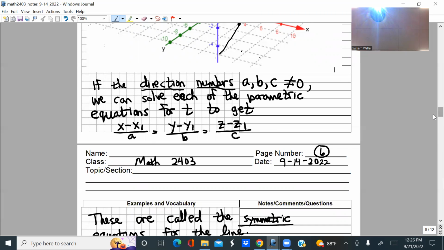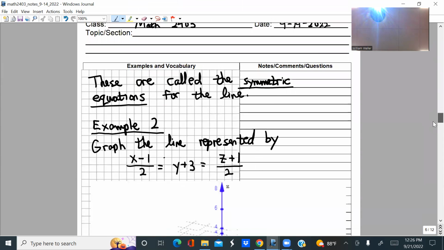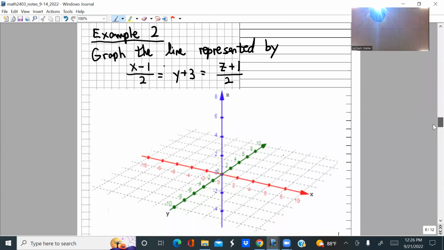Let's try another one then. I'm not sure if we'll graph this one, but let's see if we can just figure out the information that we could use to create the graph. So what is the direction vector here for this line represented by these symmetric equations?